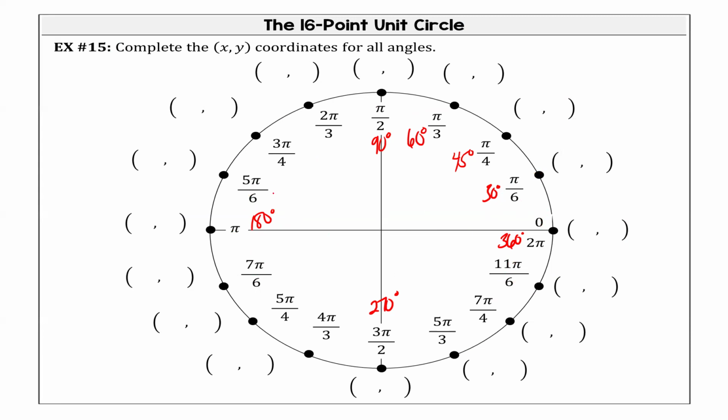So what is the degree value of 5 pi over 6? If my reference angle is 30, what's my 150? What is the degree value of 7 pi over 6? 210. What is the degree value of 11 pi over 6? 330. Do we see how we use that reference angle?